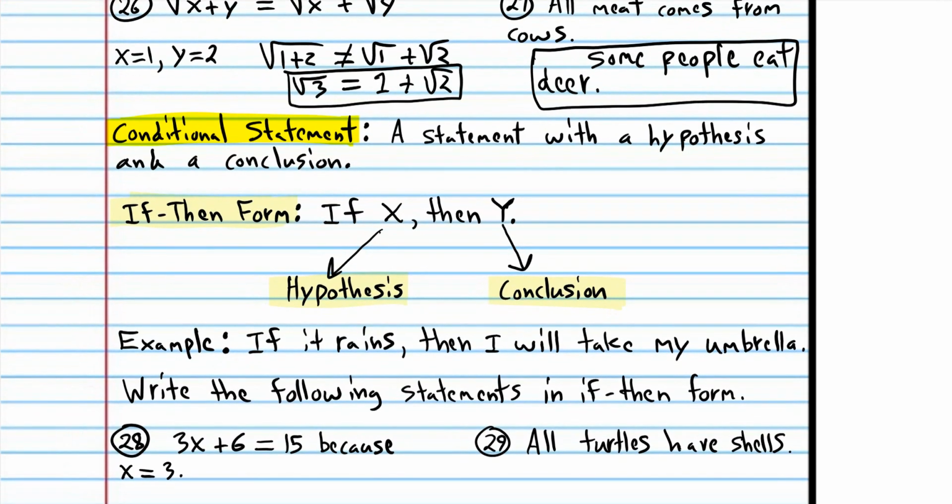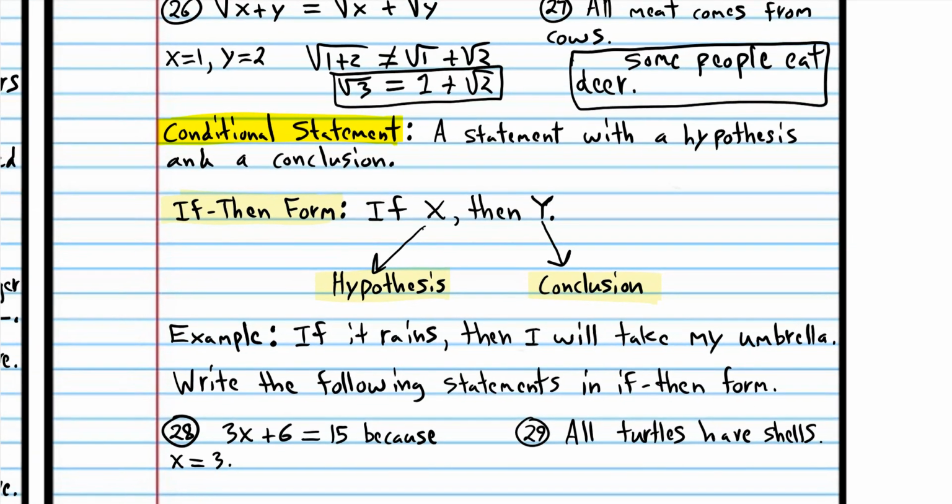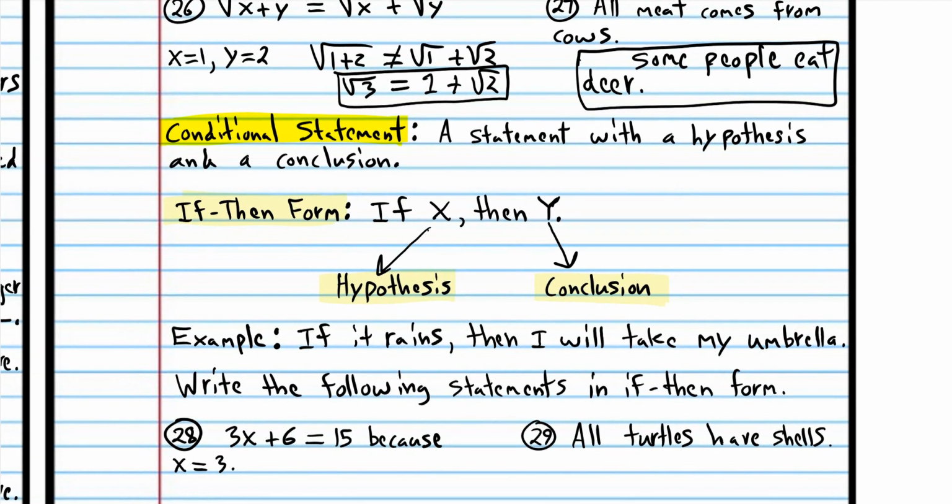All right, now we're going on to conditional statements. A conditional statement is usually written in if-then form, and it's written if x, then y. For example, you might say, if you come to the movies with me, I'll buy you popcorn. That's a conditional statement.